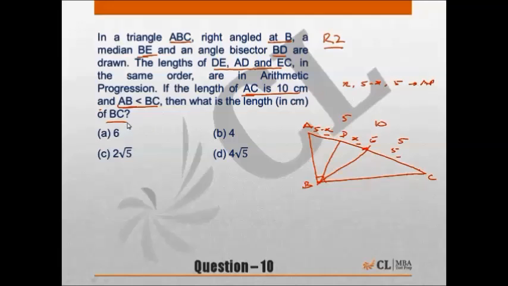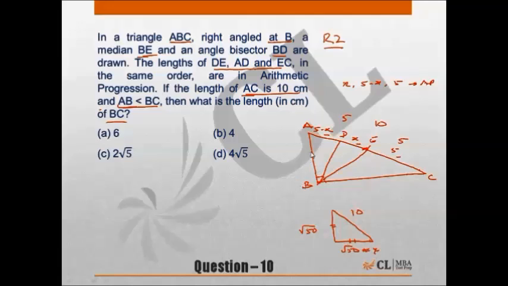And we need to find the length of BC. It looked like a huge amount of work for me, so I said let me just see if I can work out something else. Now if I have a right triangle whose hypotenuse is 10 and both sides are equal, in which case each side would be under root 50, which is approximately 7 centimeters.